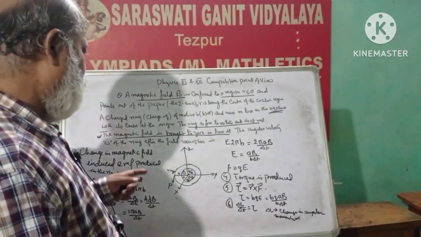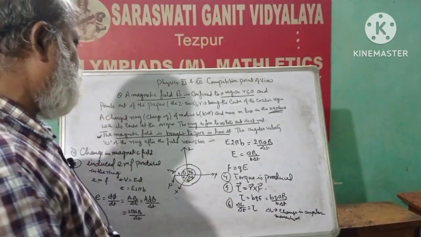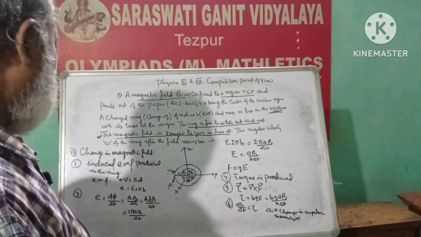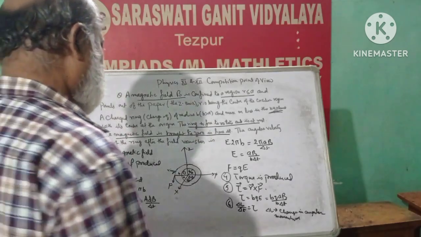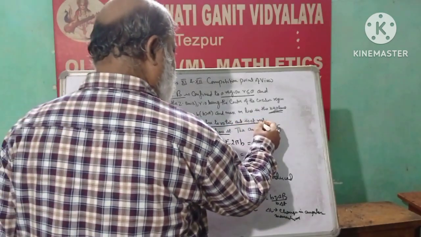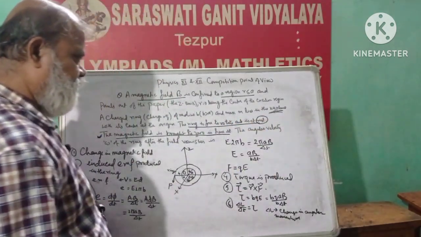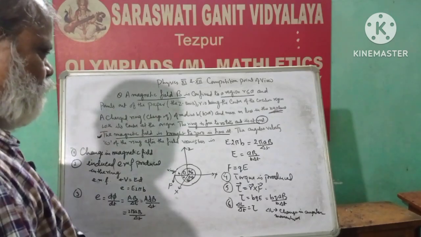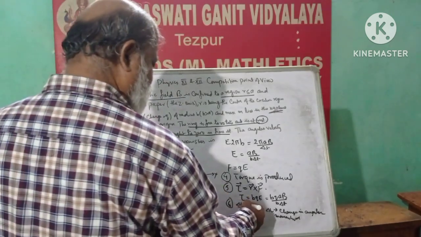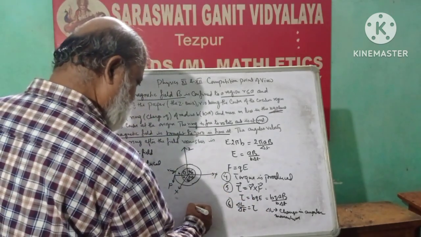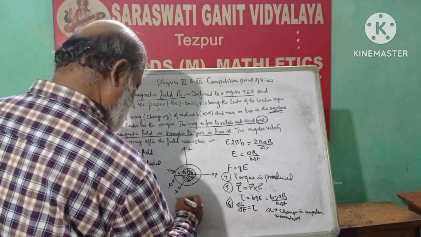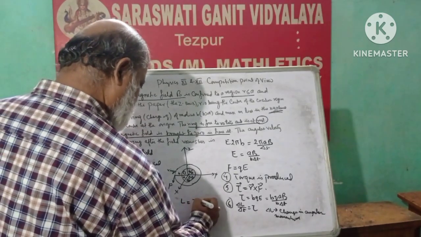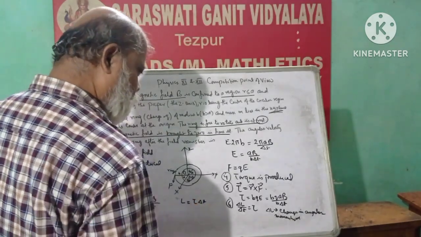Now here one more thing, that is change in angular momentum. The ring is initially at rest, so your initial angular momentum is 0. So your final angular momentum L will be equal to torque into delta t. What is your torque?